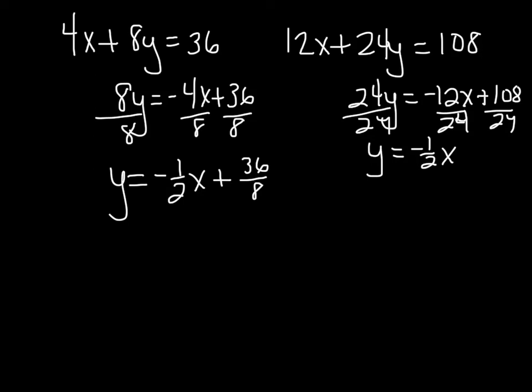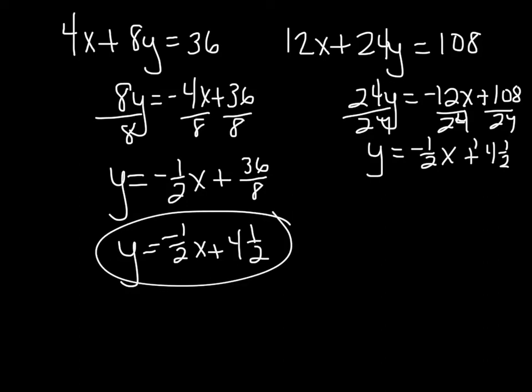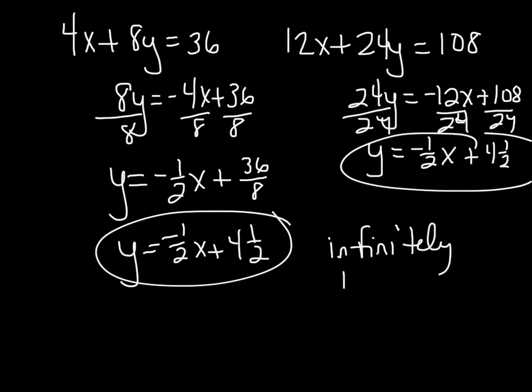That gives us the fraction of 9/2 or 4.5. So we could put 4.5 here. And if we take 36 divided by 8 in the first equation, you would also get plus 4.5. You have just proven to me that those are the exact same equation. So your answer would also be infinitely many solutions. So there are also other ways to do the same problem.